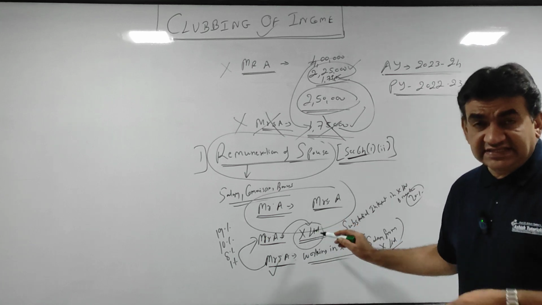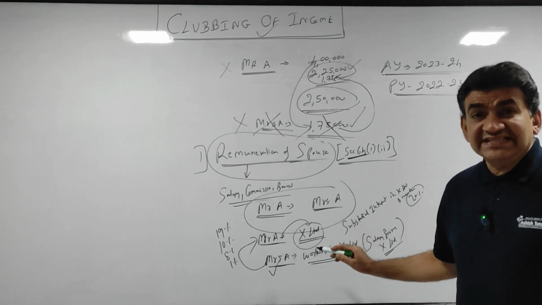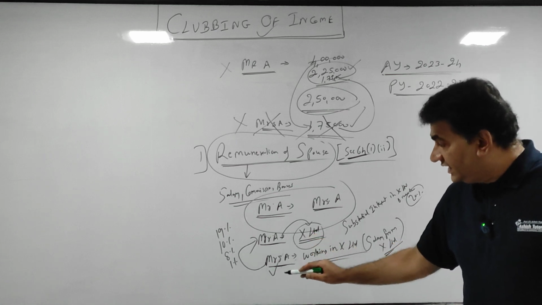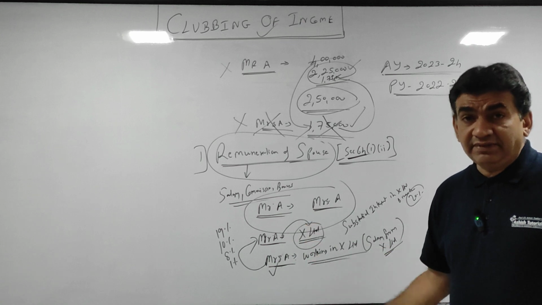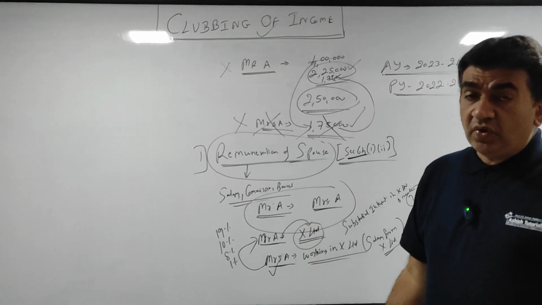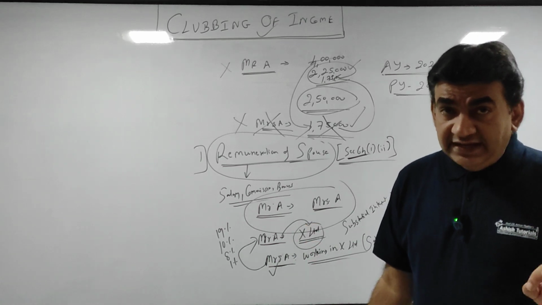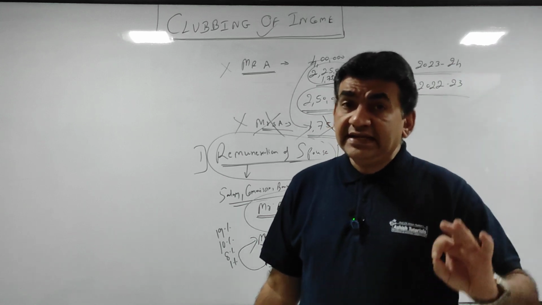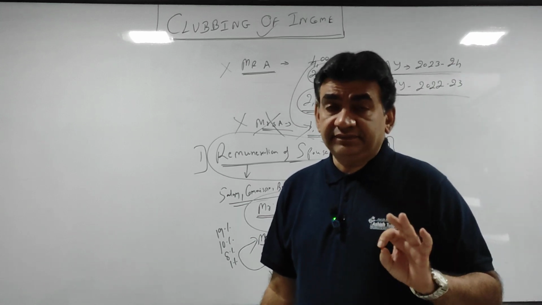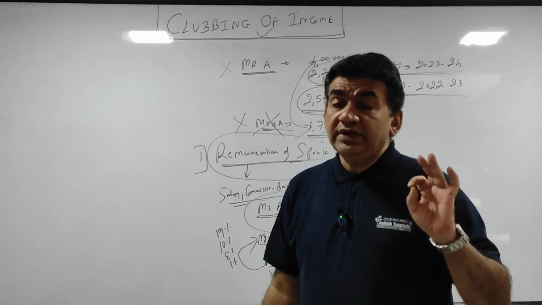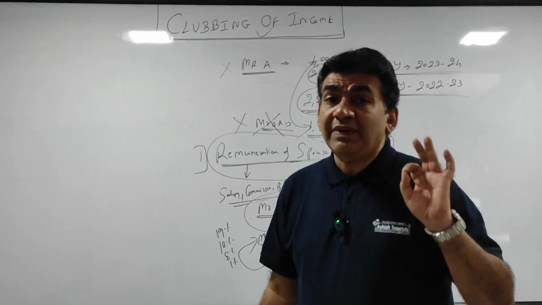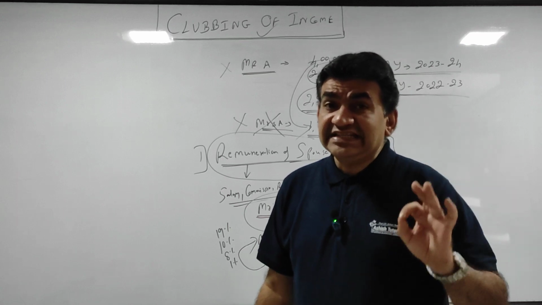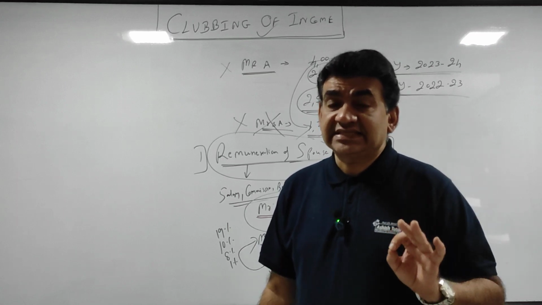Mrs. A, in this example, when she gets the salary, even if the income is to be clubbed, it can be clubbed only when, on the date you get that income, the relationship of spouse should exist.